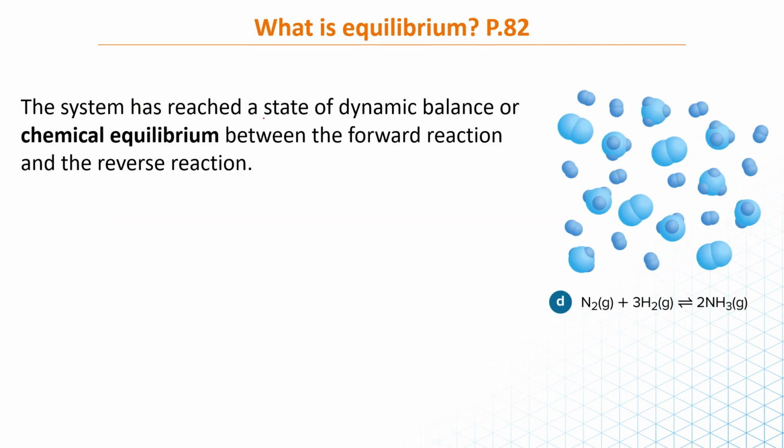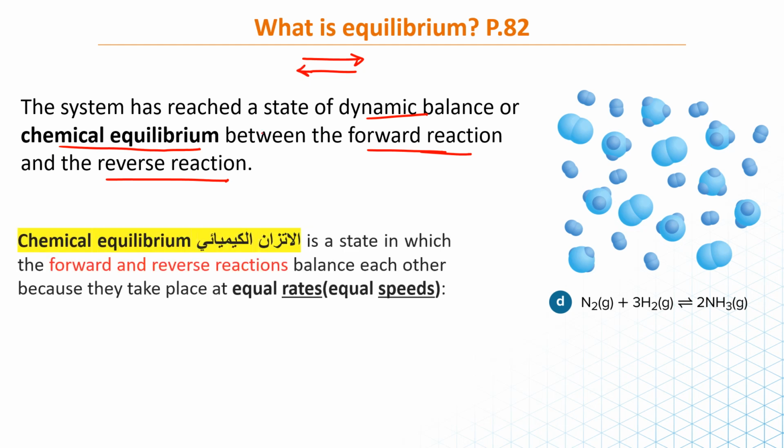So the system has reached a state of dynamic balance or equilibrium between equilibrium هذا يكون between what? Between the forward reaction and the reverse reaction. يعني في اتزان ما بين التفاعل الأمامي والتفاعل العكسي. And that's the definition of chemical equilibrium, guys. Chemical equilibrium is a state in which the forward and the reverse reaction balance each other because they take place at equal rates or equal speeds. لأن عندهم نفس السرعات.